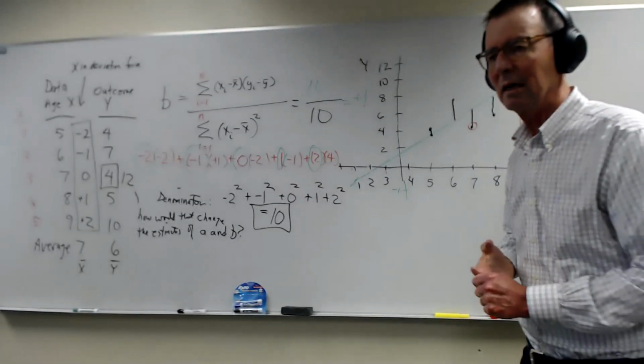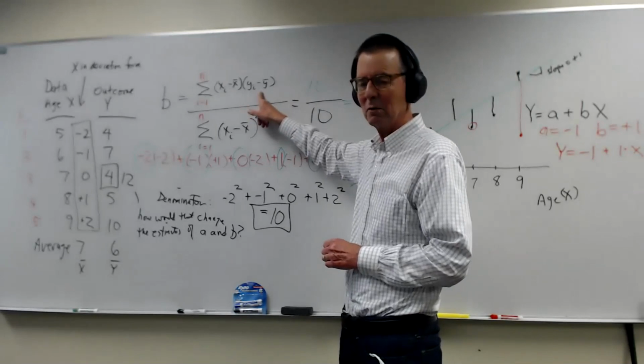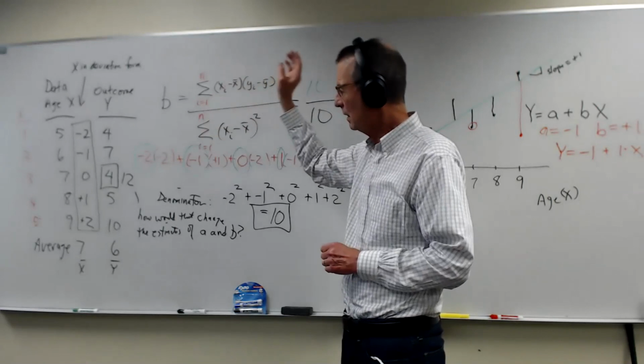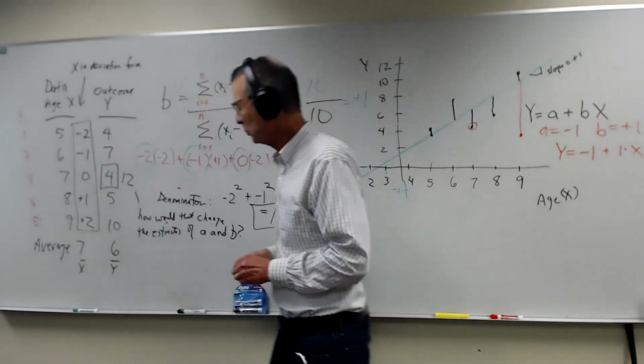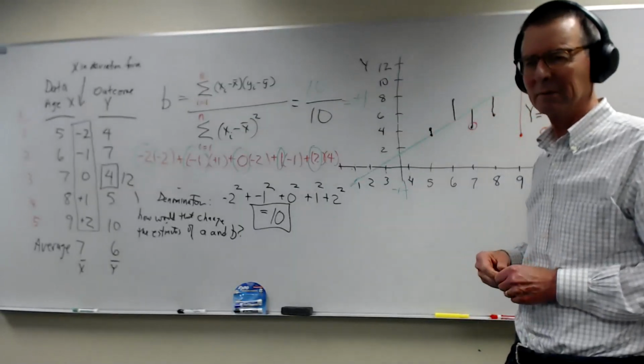So this formula centers everything on the mean value of x and y. So you can start out with something where the actual mean value is not 0, and you're still going to get exactly the same thing.